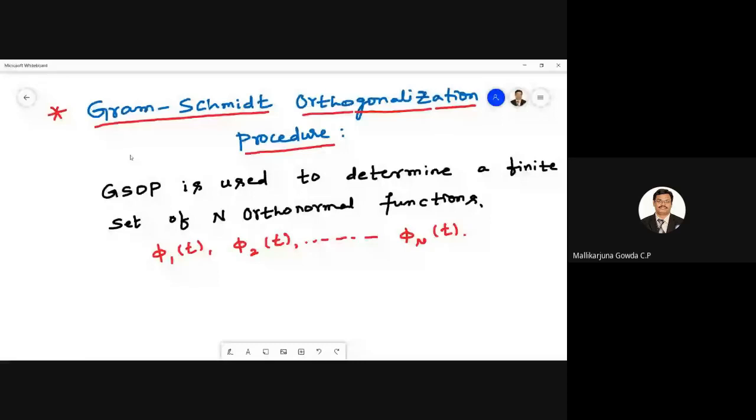So to begin with, let me express the finite energy signal s i of t as a linear combination of these n orthonormal functions. Already I talked about that: how do we express the energy signal in terms of the orthonormal basis functions.